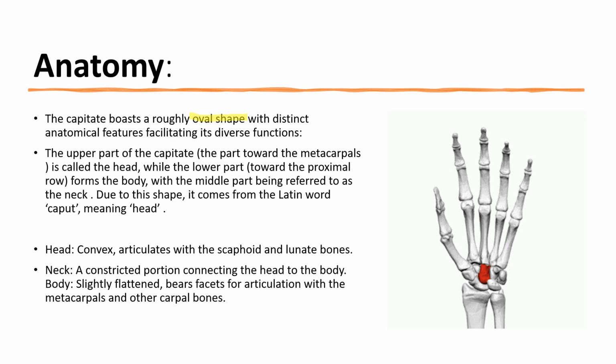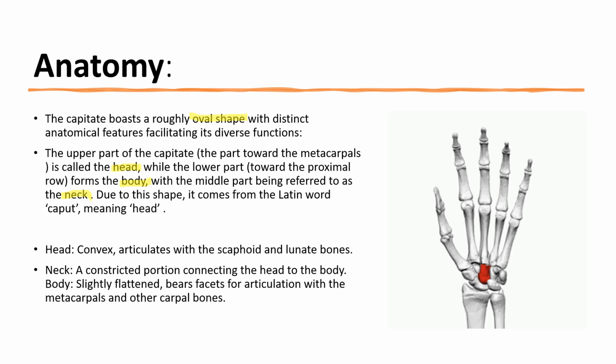The upper part of the capitate, which lies toward the metacarpal side, is known as the head, while the lower part, which lies toward the proximal row of the carpal bones, is known as the body, and the middle part, which lies between the head and the body, is referred to as the neck. The name comes from the Latin word caput, meaning head.